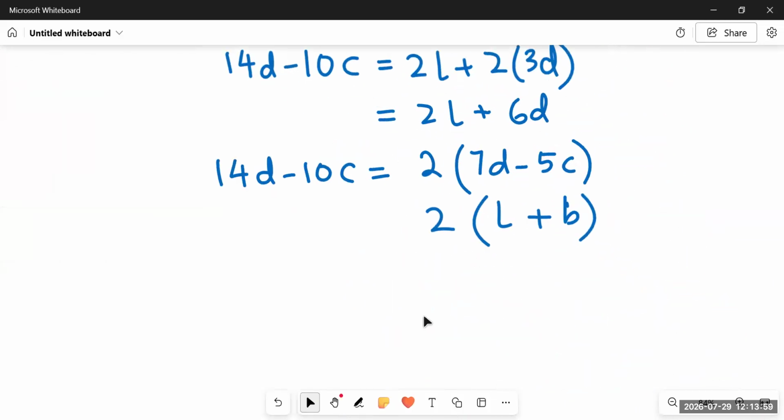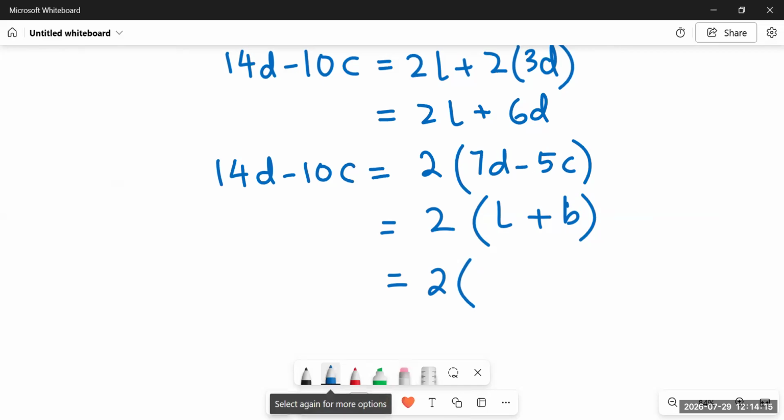So if the breadth is 3D, what would be the length? Can I write it here? 2 bracket 3. No, length is not 3D. Length is missing plus 3D. So what's left over?